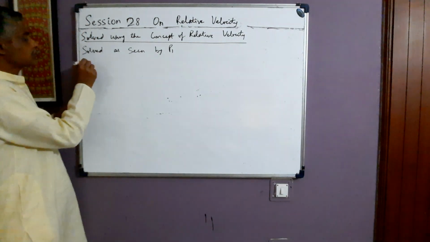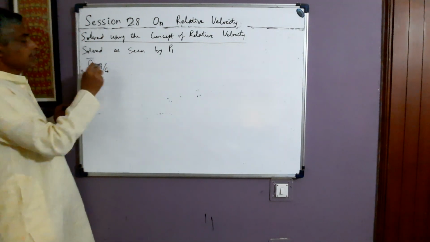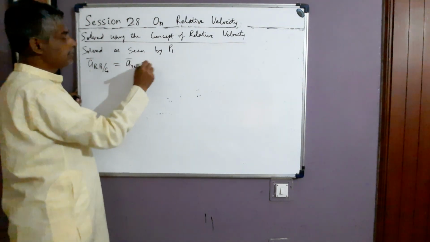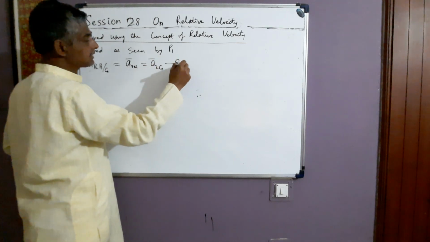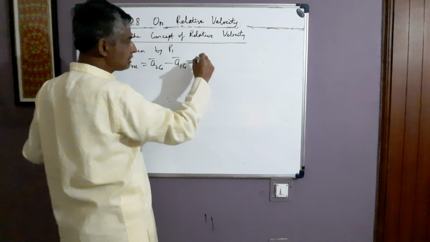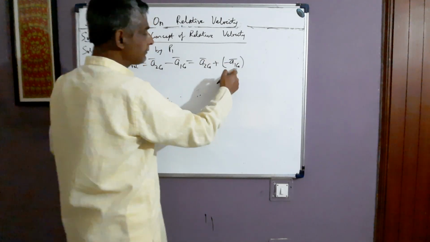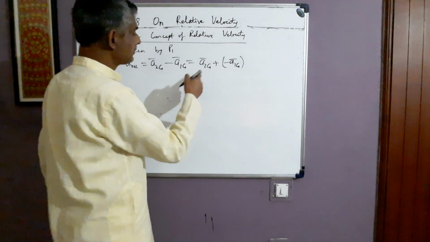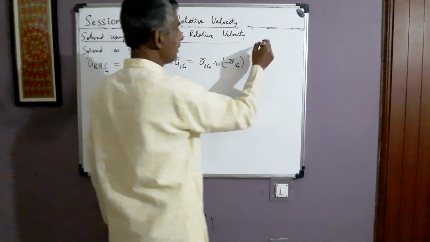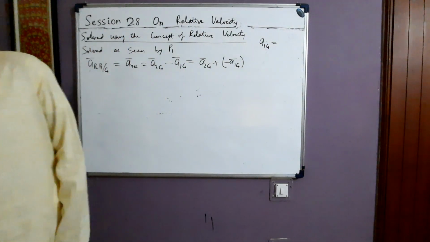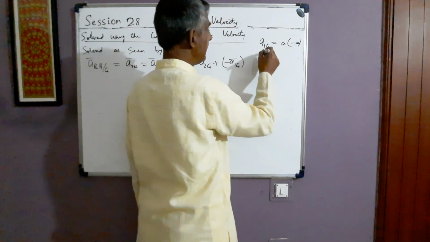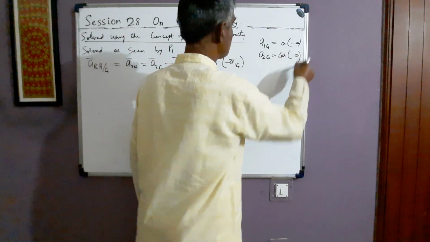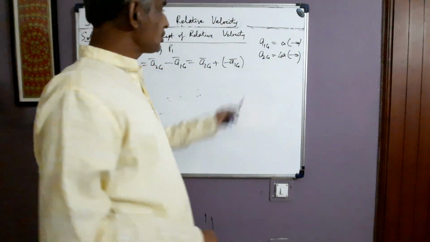So we first find a_P2P1,G, which is a2G minus a1G, that is, a2G and the reverse of a1G, added vectorially. Now a1G is given to be A rightward, and a2G is given to be 4A rightward.